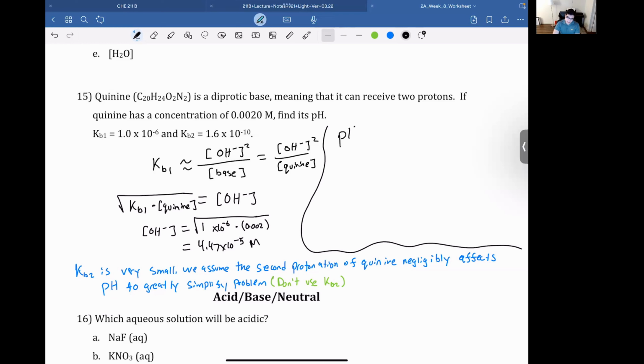Then we're going to get pH is equal to 14 minus pOH, which is 14 plus, because it's minus the negative log. I'll write it out for those of you: negative log of the concentration of OH minus.